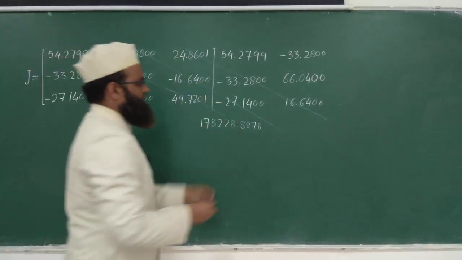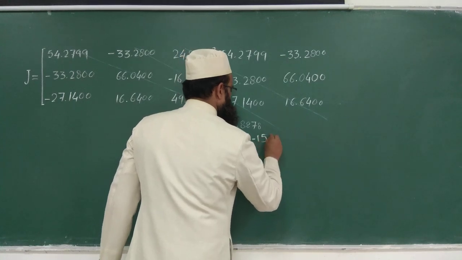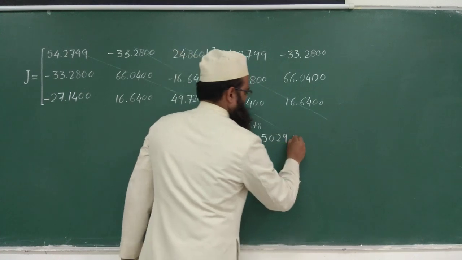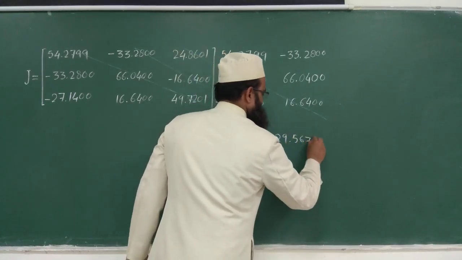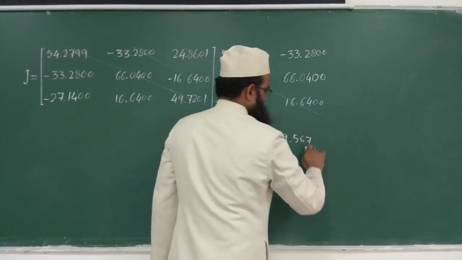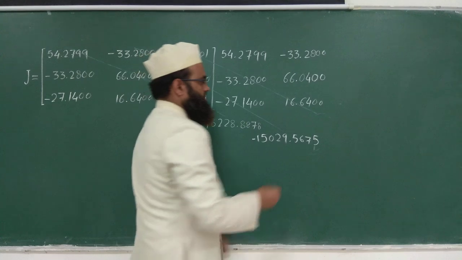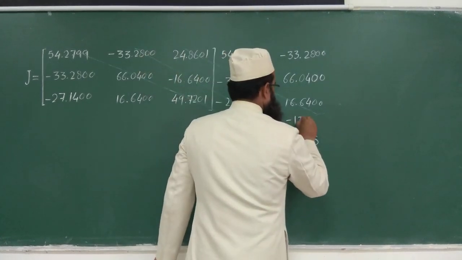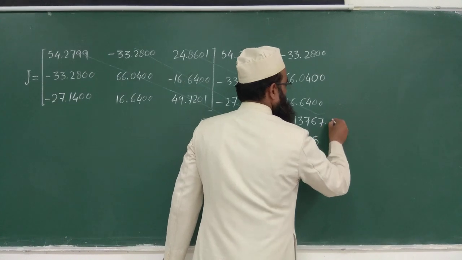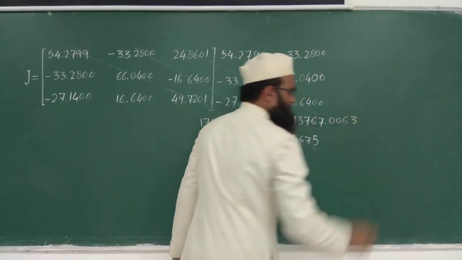What about this? This into this into this. Minus 15029.5671 75. Okay. What about this into this into this? Minus 13767.0063. Okay.